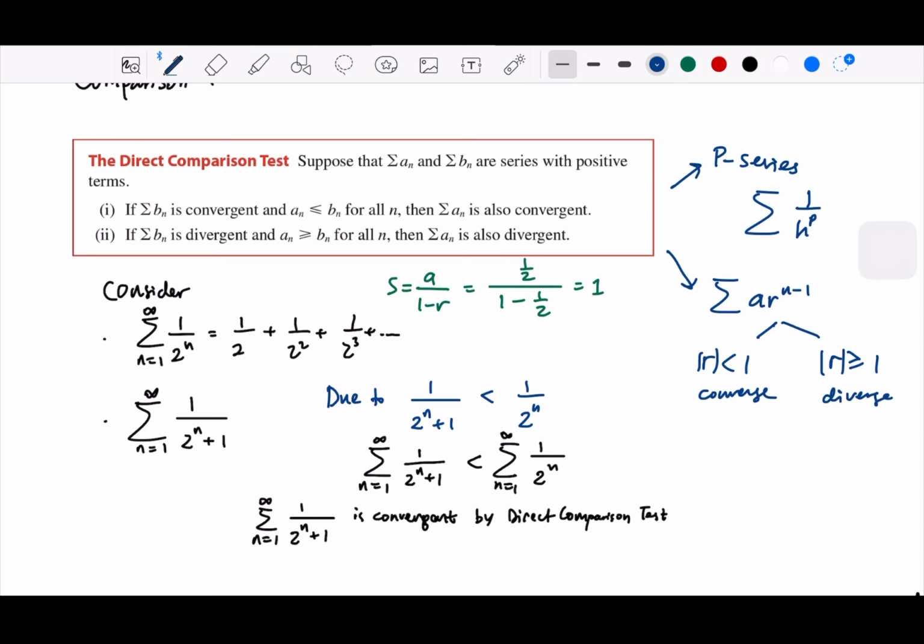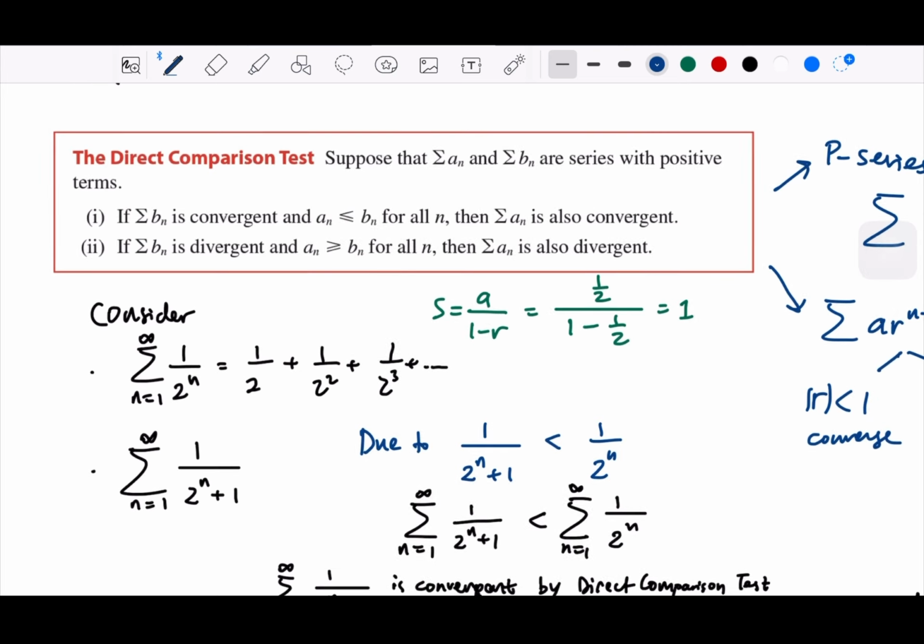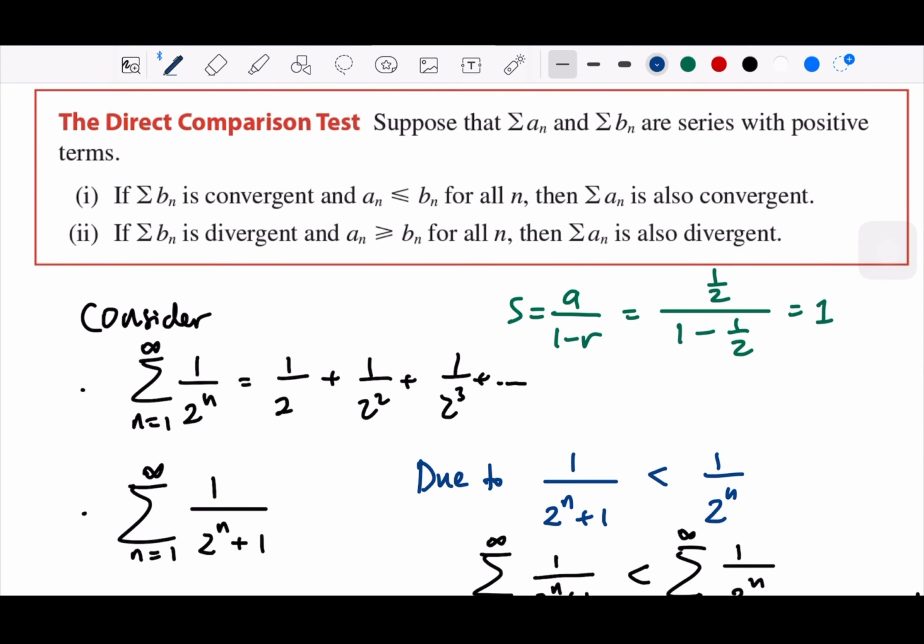If the larger one diverges, then there will be no conclusion. These are just random numbers. If this diverges and the inequality is still applicable, there is no conclusion; we are not sure yet whether it converges or diverges. These are two very important aspects of this comparison.